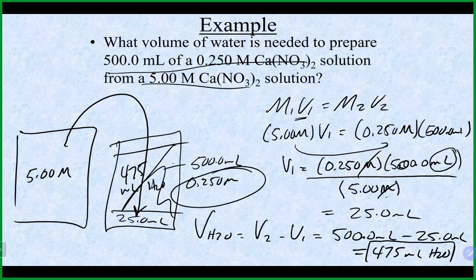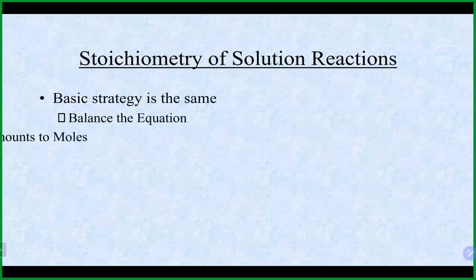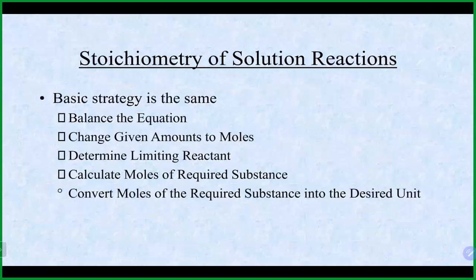Okay, the next thing we're going to talk about with solutions, now that we've talked about molarity and stoichiometry before, is stoichiometry that involves solutions. The good news is it really is the same steps that we've done in any traditional stoichiometry problem, which is the 4 basic steps. You need to balance the equation.